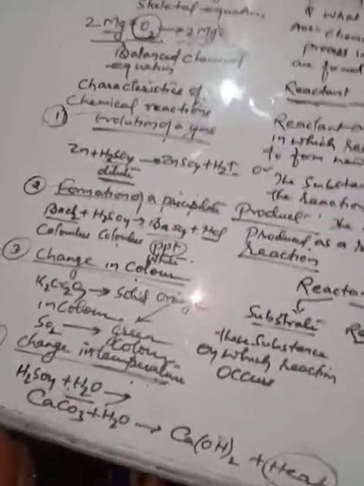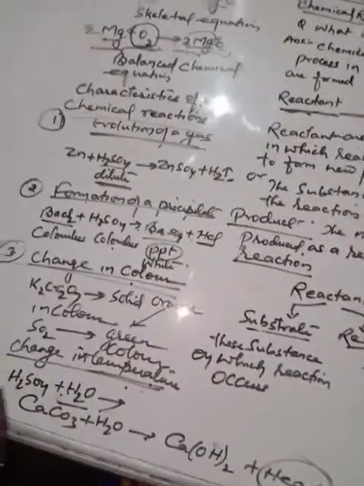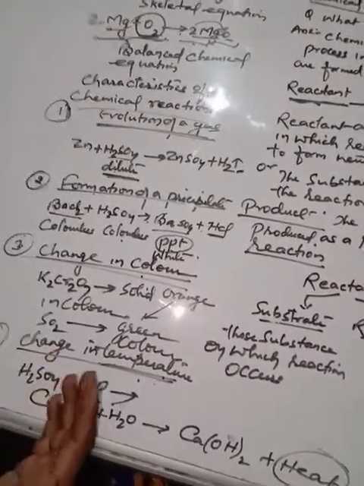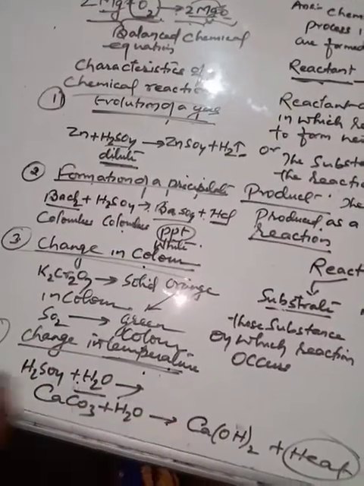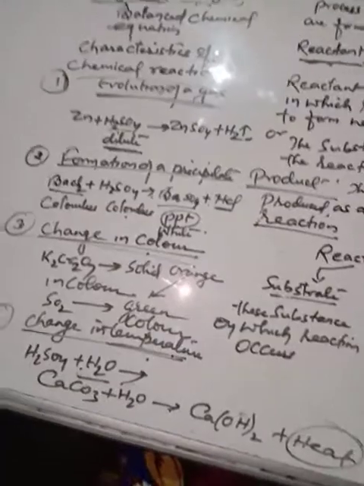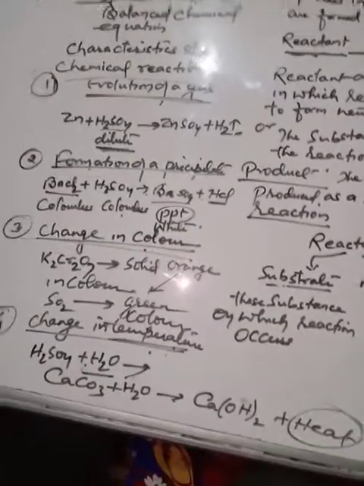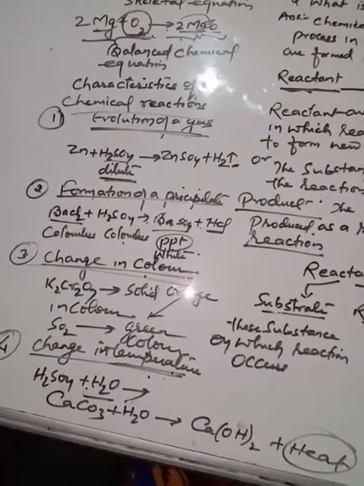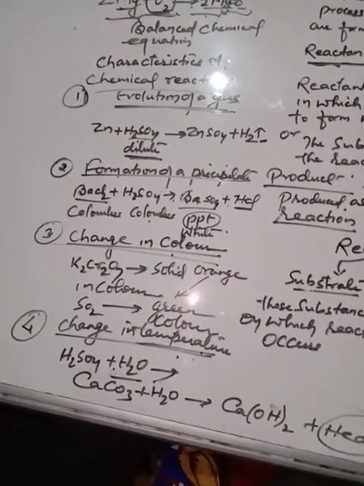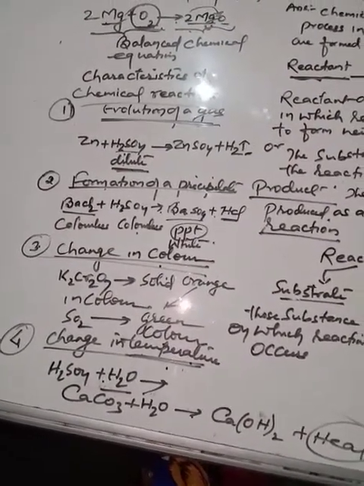So the characteristics may be marked by the evolution of a gas, formation of a precipitate, change in color, change in temperature, and even change in states. There are more reactions which can be studied under the characteristics of a chemical reaction.